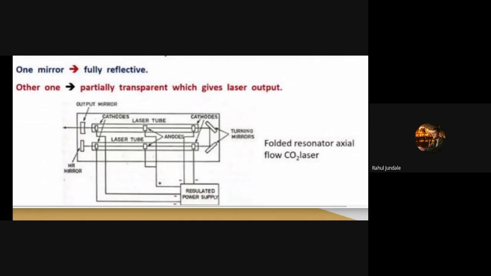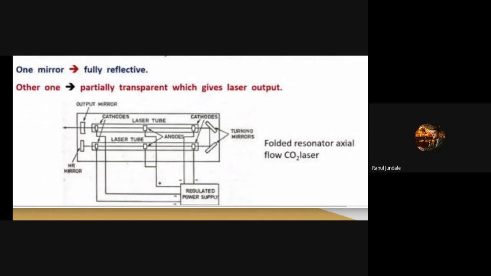So the production of laser takes place in this device, and it is very useful for comparatively high power lasers. You can have more than a two-tube fold also. The higher the power you need, the more tubes you will have to use.